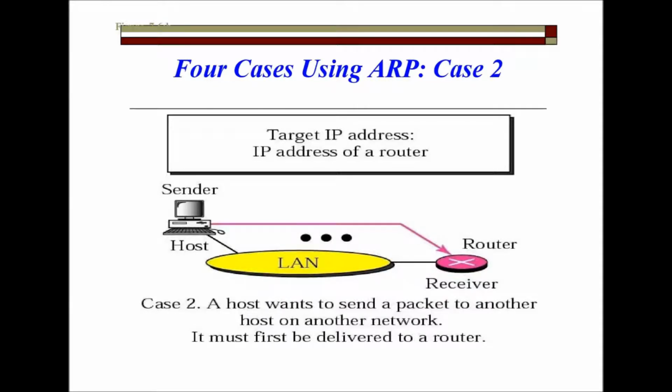Case number 2, target IP address of a router. So dear students, whenever we use a router, it means that we are going to use a wide area network. Over here you can see the sender device, which is the host device, and the local area network, and then the router, which is a receiver device.